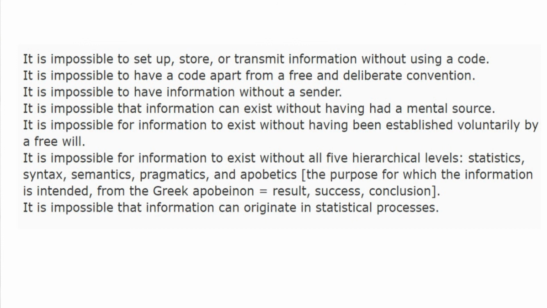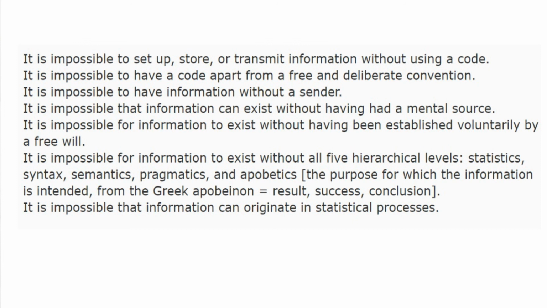It is impossible to have a code apart from a free and deliberate convention. It is impossible to have information without a sender. It is impossible that information can exist without having had a mental source. It is impossible for information to exist without having been established voluntarily by a free will.